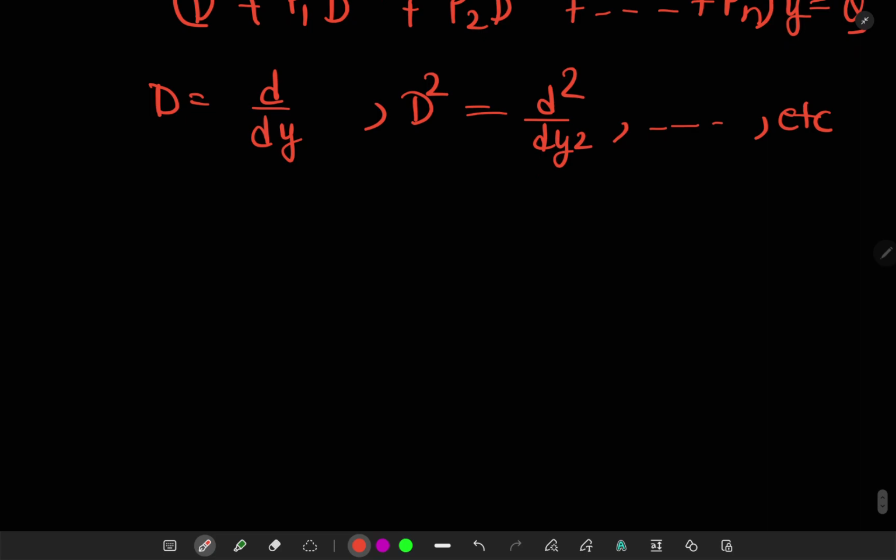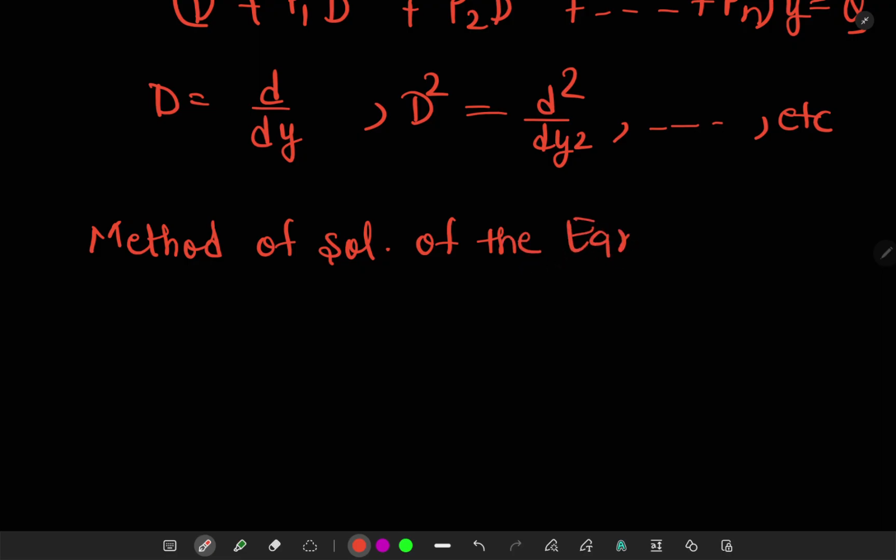Now, the method of solution of the equation dy over dx plus py equal to q.